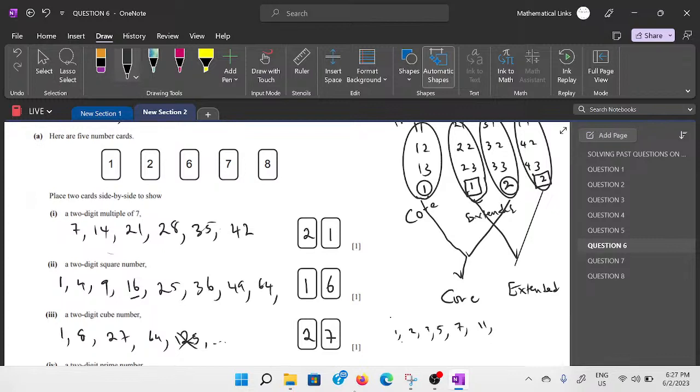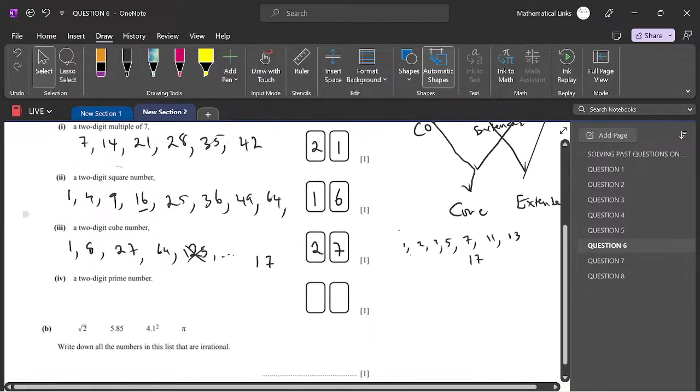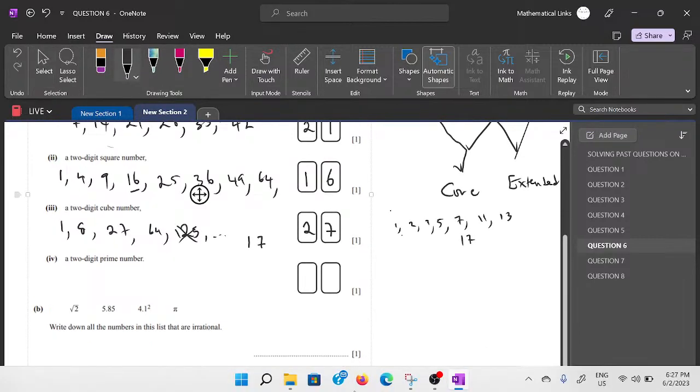The next one will be 13. So we cannot form it because we don't have 3 there. The next one will be 17, okay, so we can do that. So it will be 1 and 7. So you just have to check and see if you have questions there, okay. So this will be 1 and 7 here.